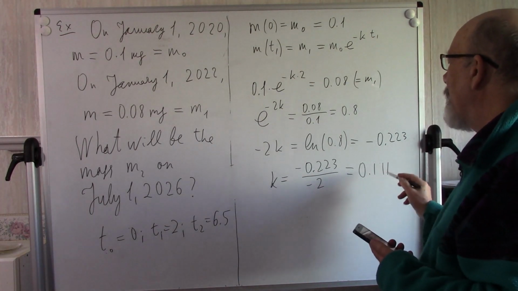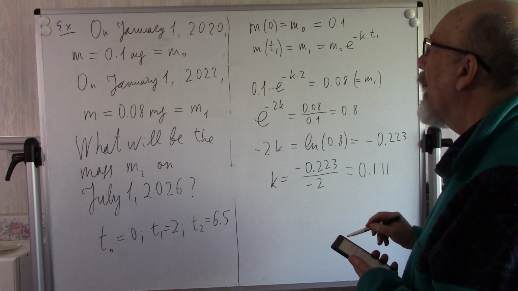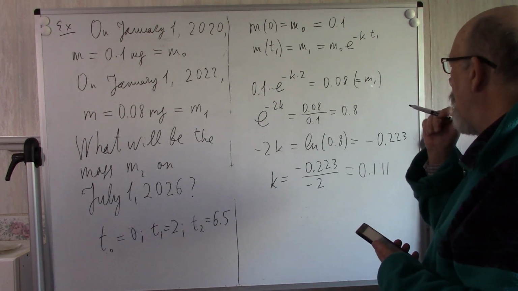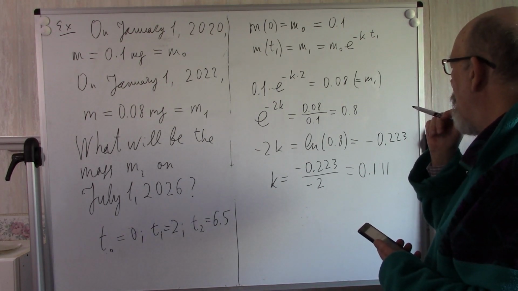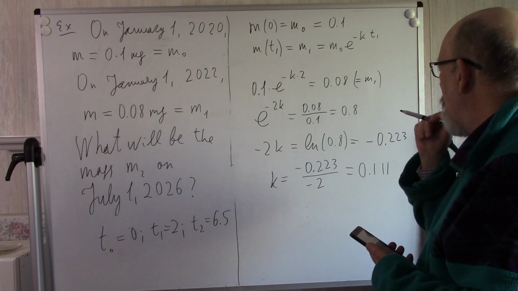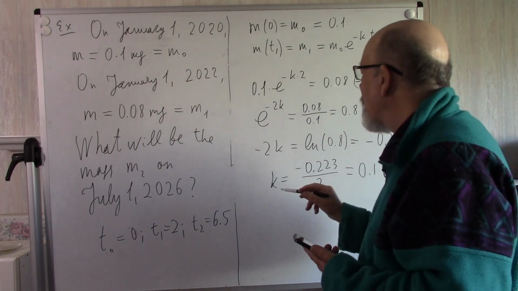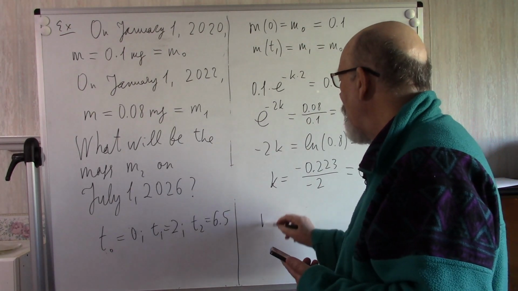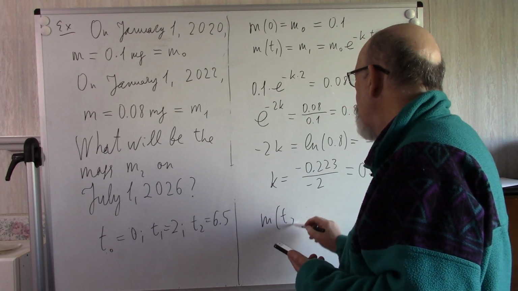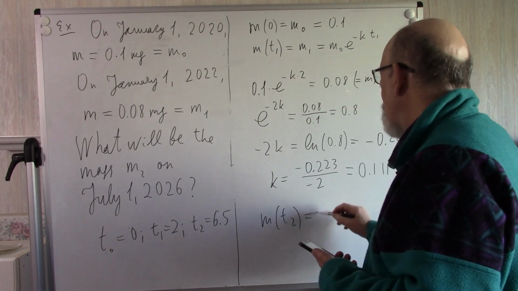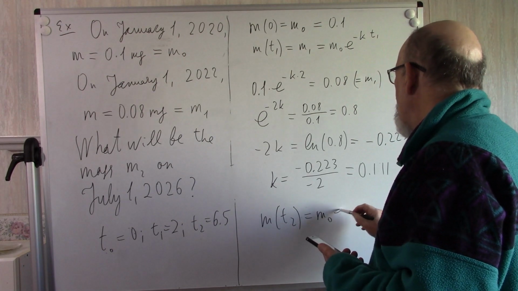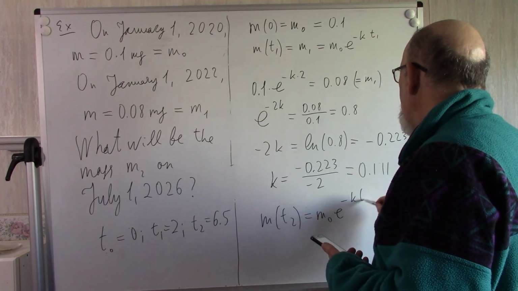So we found K, and now let us find M of T2 equals M0 e to the minus K T2.